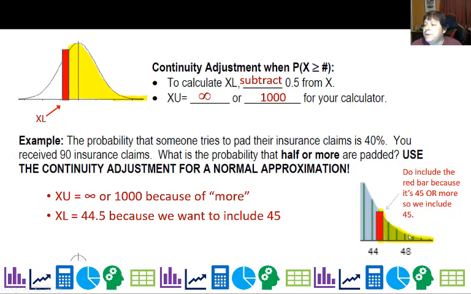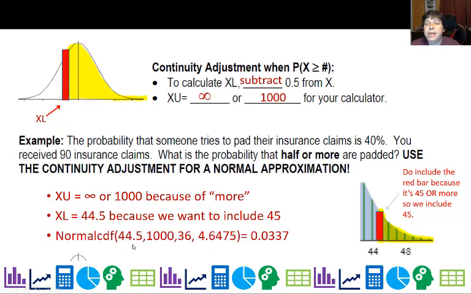The left side's going to be 44.5 because if I was at 45.5 and went to the right, I would miss the half value. And it does say half or more. So basically, I'm doing normal CDF of 44.5 to 1,000 with a mean of 36 and a standard deviation of 4.6475, which gives me 0.0337 or 3.37%.